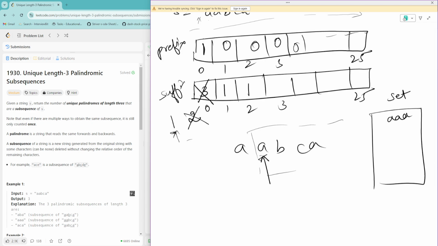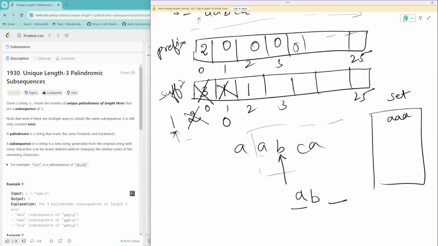Okay. Then, before moving to the next character, the prefix of A would be incremented by 1. I'm at B. Every time I visit a character, I decrement its suffix by 1. It would be 0. So I am at B. I check the characters that exist prior to B. Is it A?